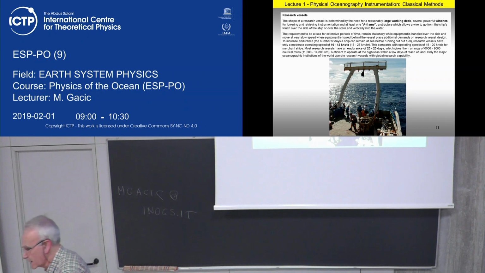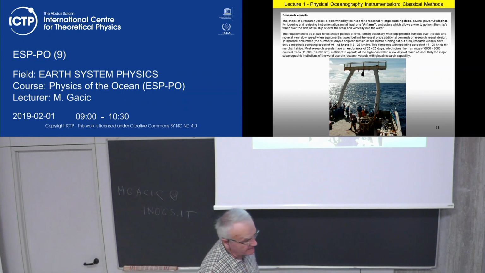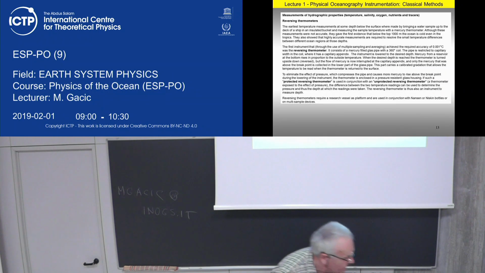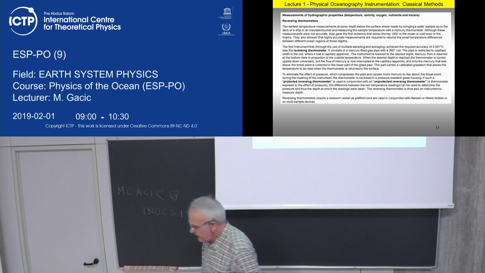The data have to be collected, but at the same time stored on the ship and analyzed. The first processing should be done on the ship in order not to lose time while coming back to the harbor or to the home institution.